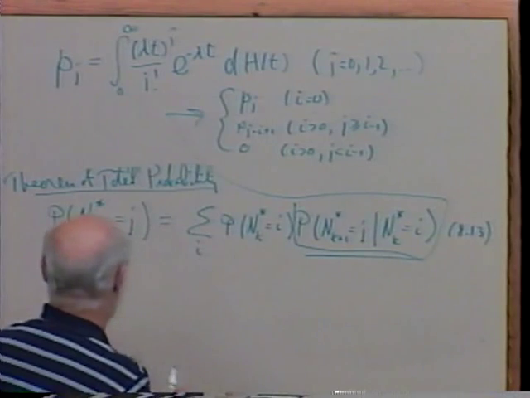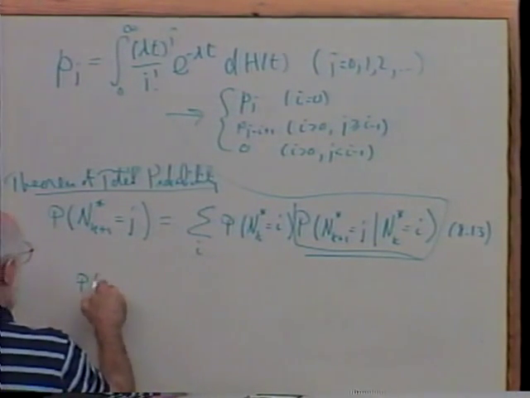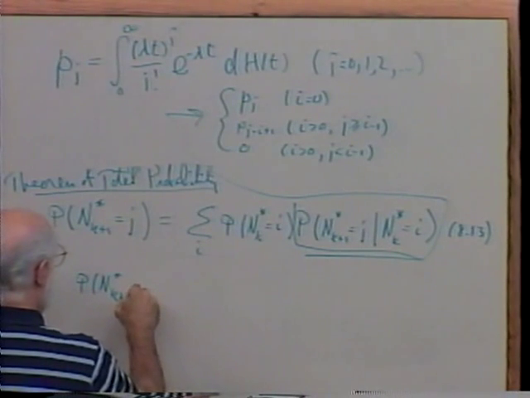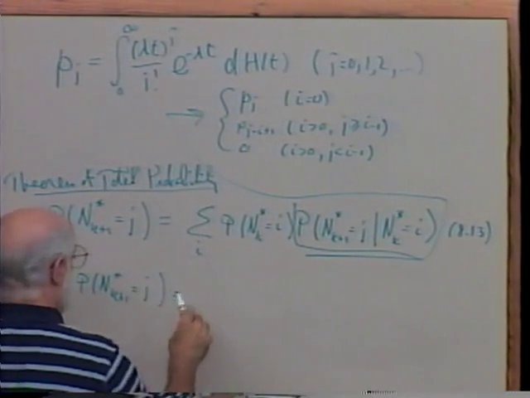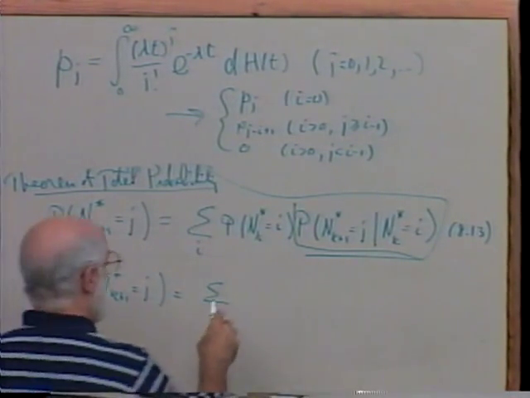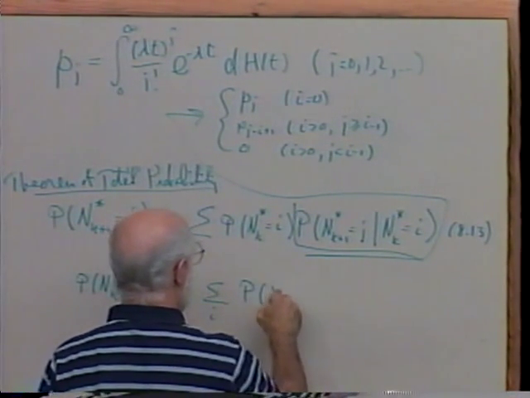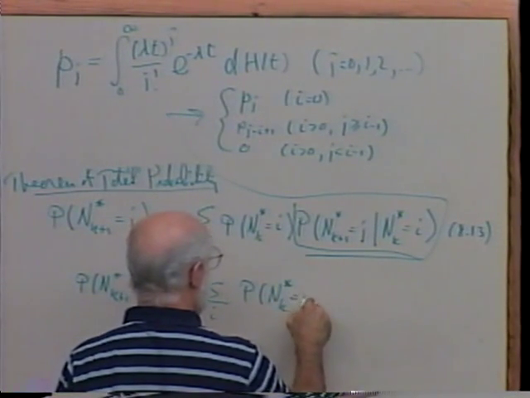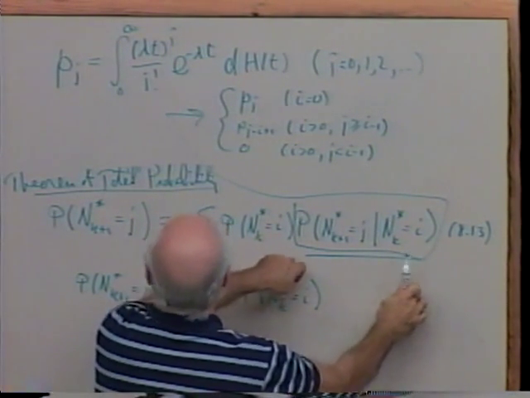In other words, this formula becomes the probability that n_{k+1}* equals j is equal to the sum over i of the probability that n_k* equals i times this stuff here.